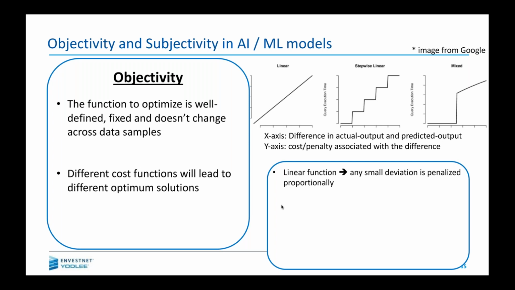The second cost function is typically used when we are okay with rounding off errors. If you say, give me an answer which is the closest integer, then you are okay if the actual answer was 10, but I guessed between 9.51 and 10.49, right? So that is where you have a stepwise linear kind of a function.